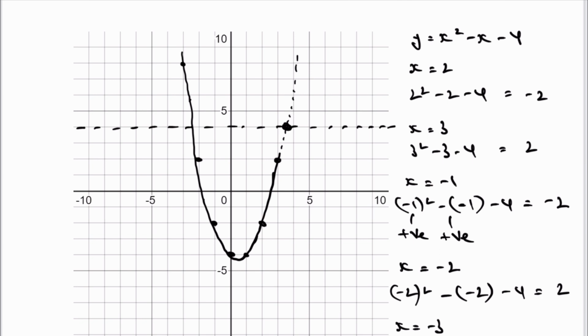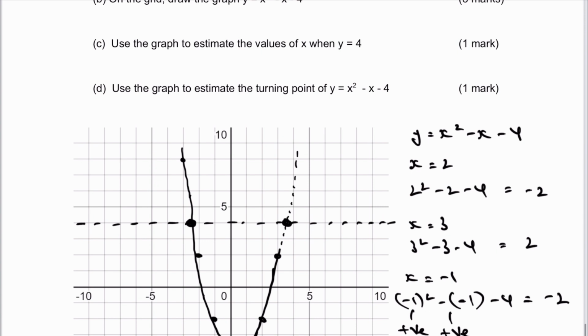So it seemed to make sense for me to extrapolate my graph a little bit earlier on. Okay, so if I read that, I've got a positive value of 3.5 and I've got a negative value of -2.5. So the values of x will be that x equals -2.5 and x equals +3.5.